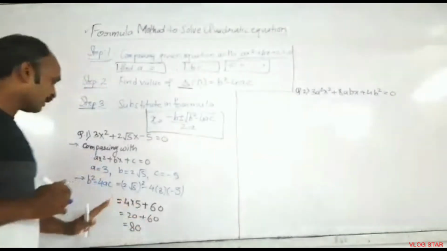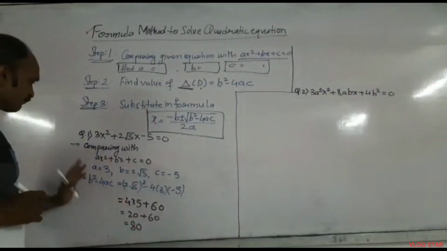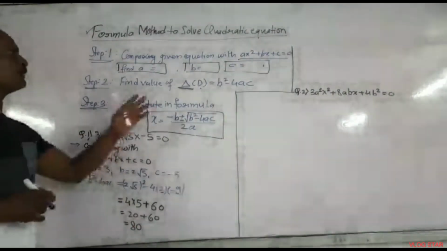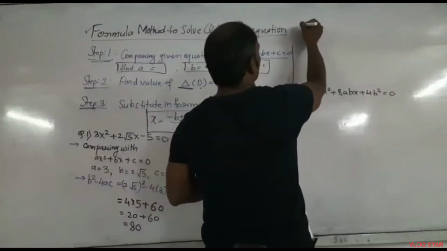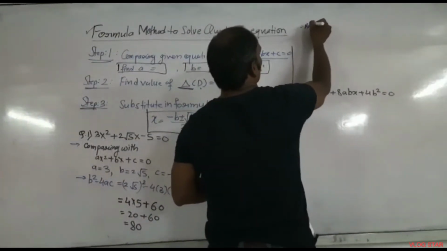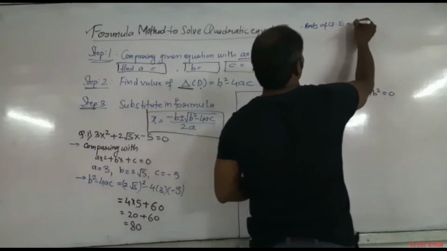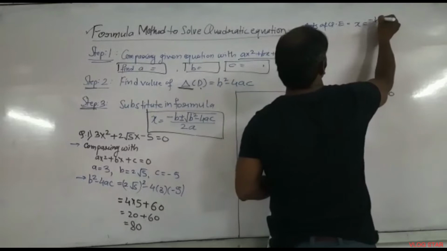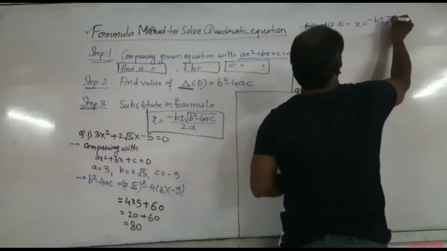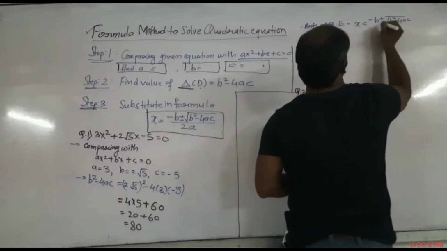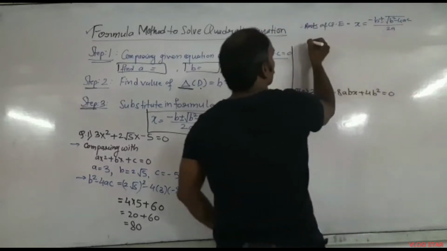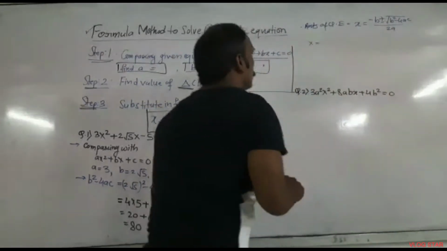Now we will substitute the first step and second step in the formula. So we can say, therefore, the roots of the quadratic equation are x is equal to minus b plus minus under root b square minus 4ac upon 2a. So you have got x is equal to, what is the value of minus b?